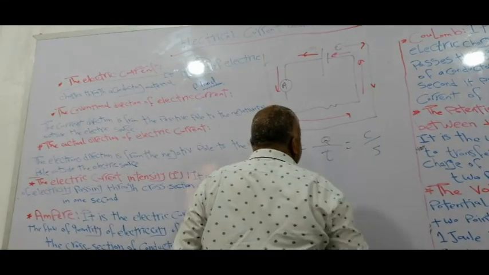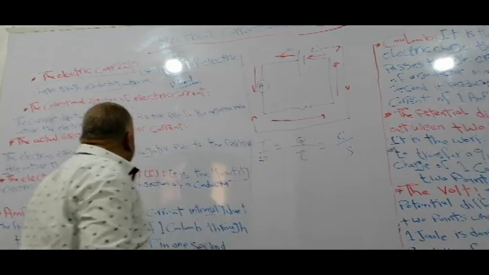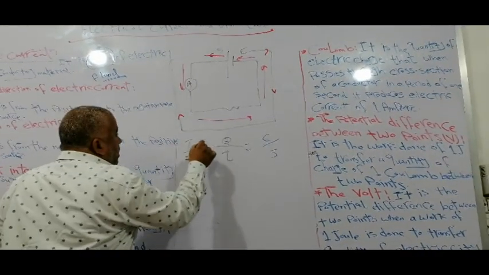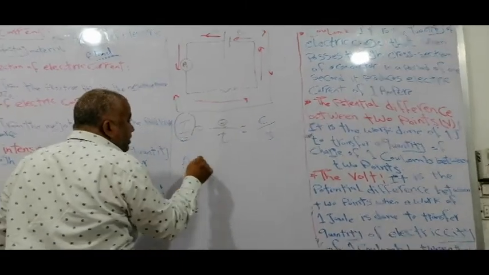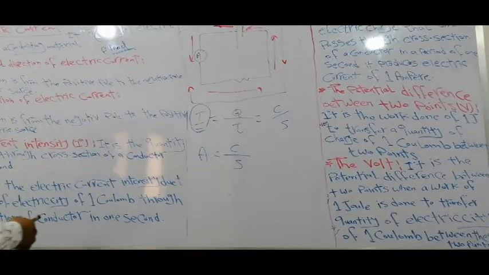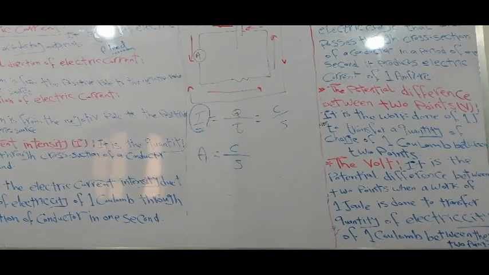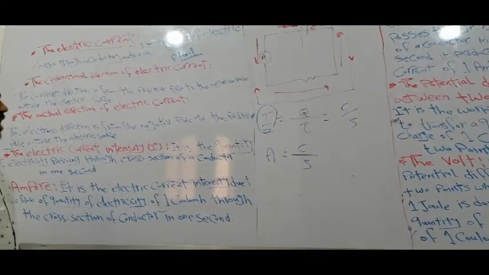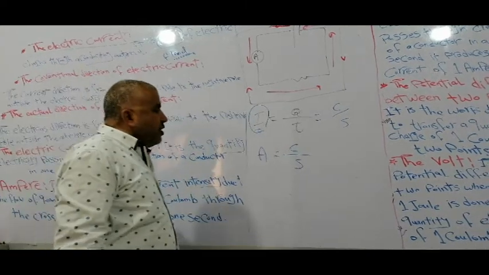Coulomb per second. The measuring unit of electric current intensity is the ampere, equal to coulomb per second. Coulomb is the measuring unit of charge and T's measuring unit is second.